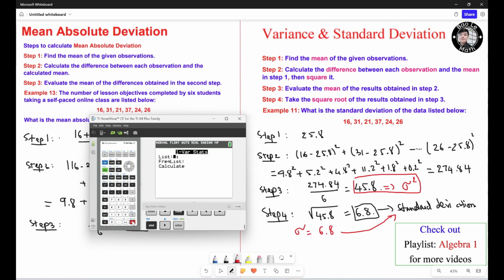You have L1 and the frequency list, then hit calculate. The standard deviation should be 6.76, so it's roughly 6.8.